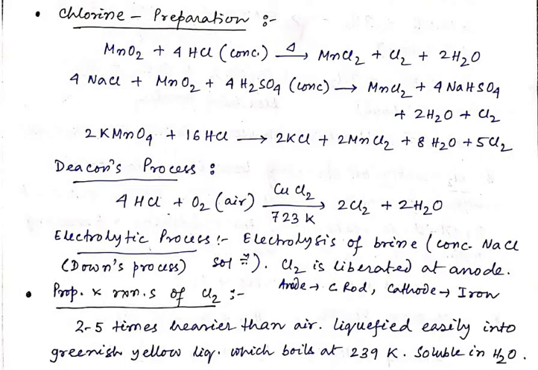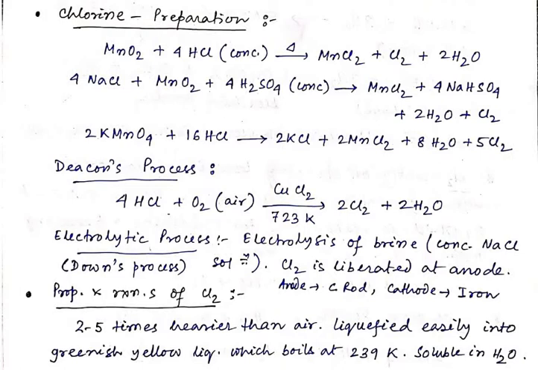Another process, the Downs process, is mainly an electrolytic process for synthesizing Cl2. We all know about brine solution. Brine solution is concentrated NaCl solution.